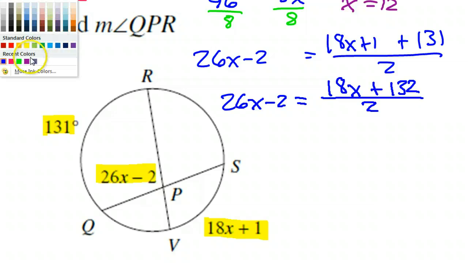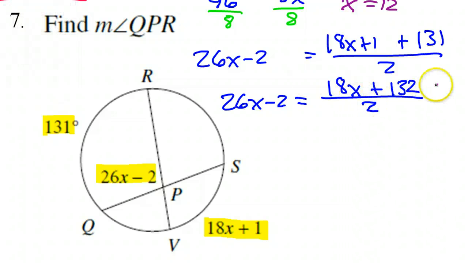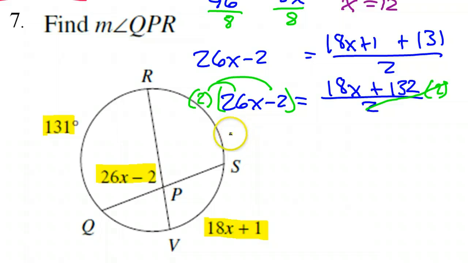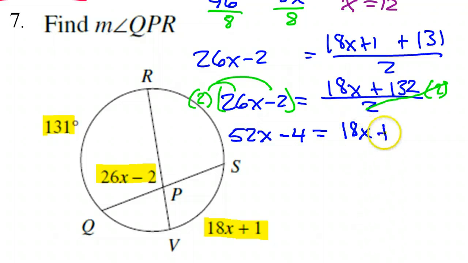What's my next move, you say? I'm going to multiply by 2 to cancel this out on both sides. Don't forget to distribute. These 2's will cancel out. So I'm going to have 52x minus 4 is equal to 18x plus 132.